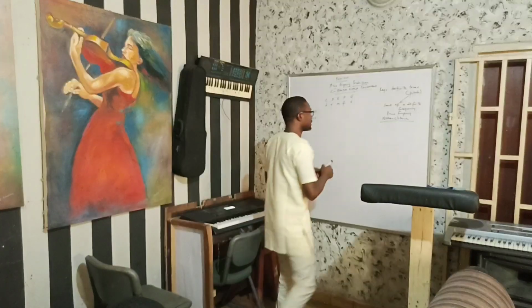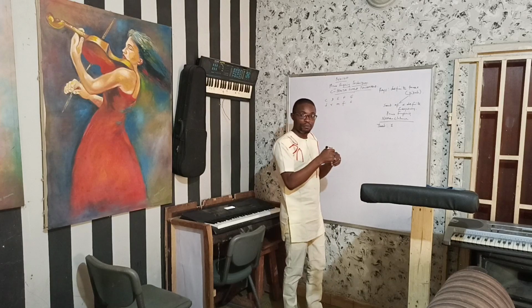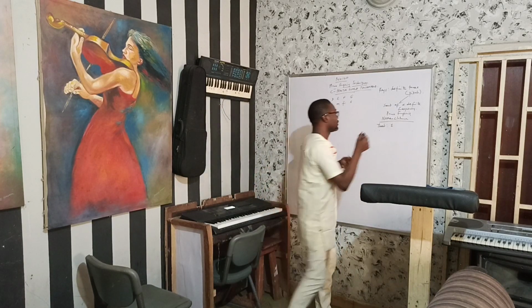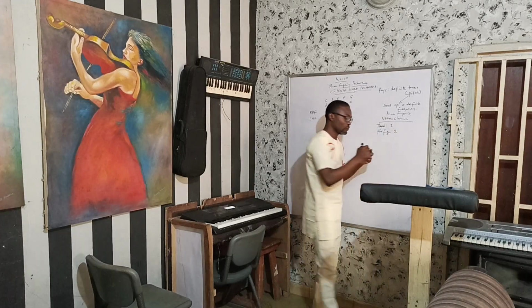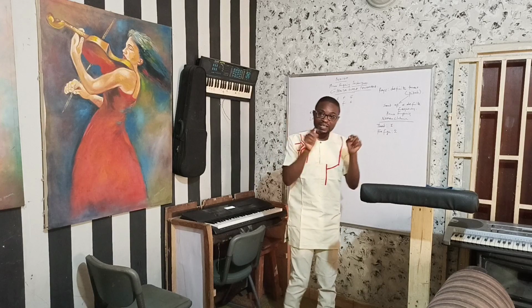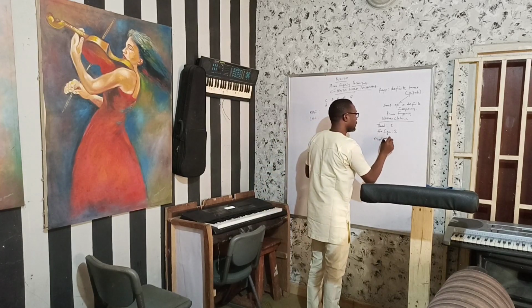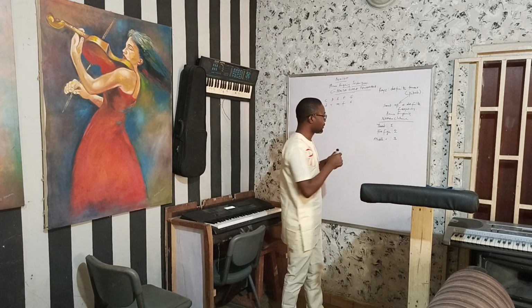And it goes thus: the thumb is finger number 1. Whether right or left, every thumb is finger number 1. The forefinger is finger number 2. Whether right or left, every forefinger is finger number 2. The middle finger is finger number 3.